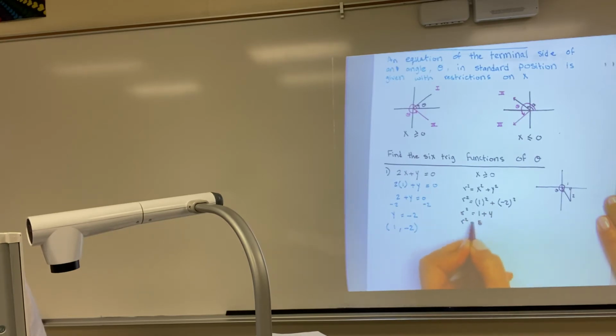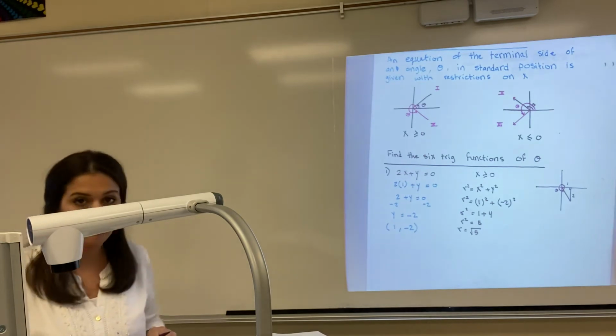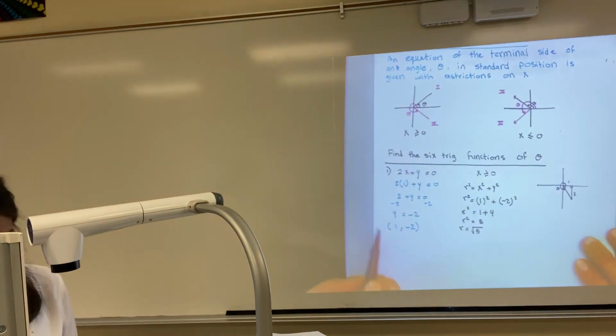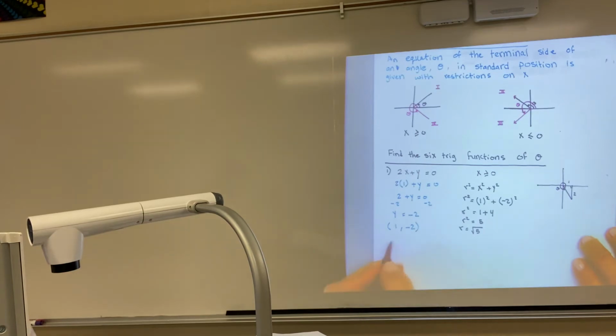Take the square root of both sides. R equals root 5. Remember, r should always be positive, so we cannot have a negative value for r. Now I have x, y, and I have r. I can find the 6 trig functions.